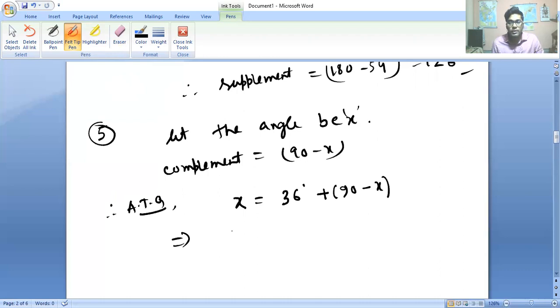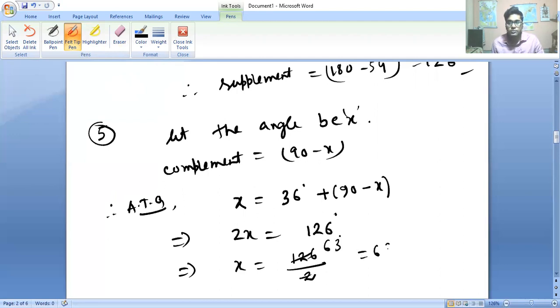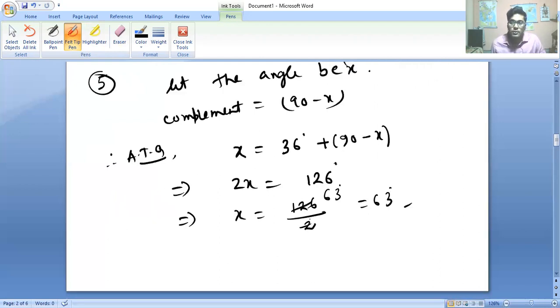Now if you simplify, x comes here, so it becomes 2x equals 126 degrees. So we have x equals 126 divided by 2. So we have 63 degrees. Okay, students, so that is the required angle.